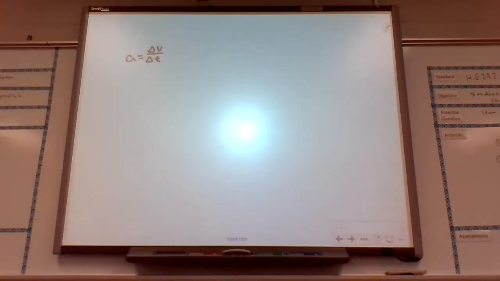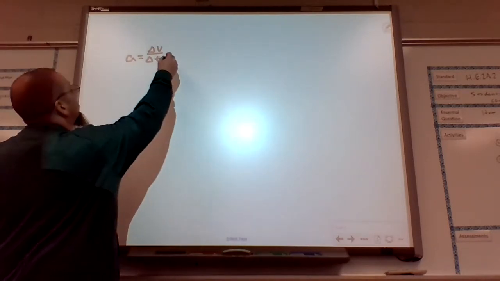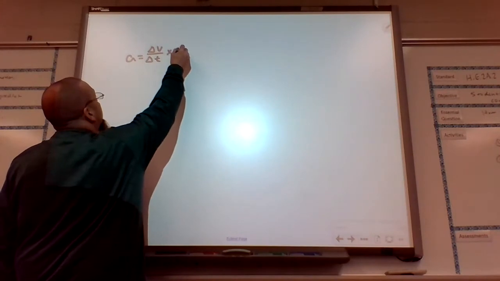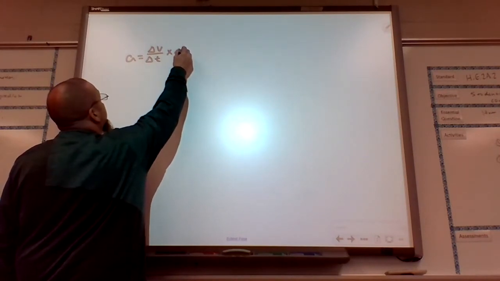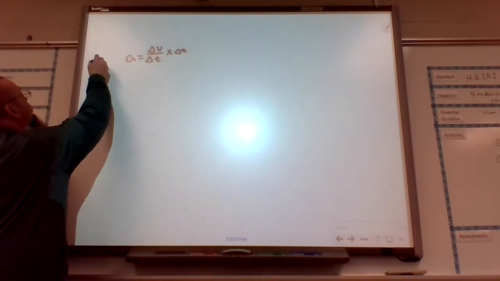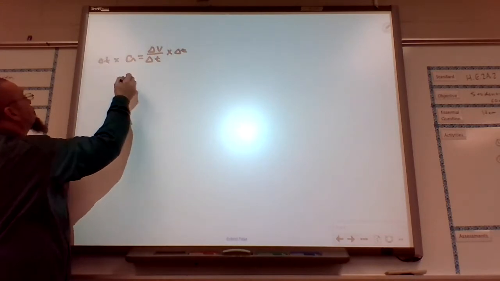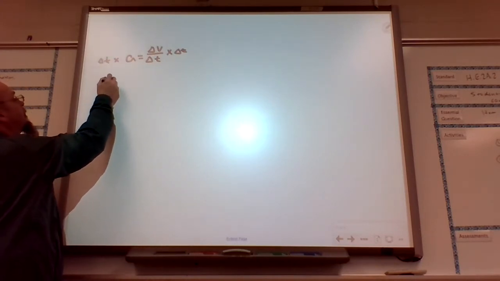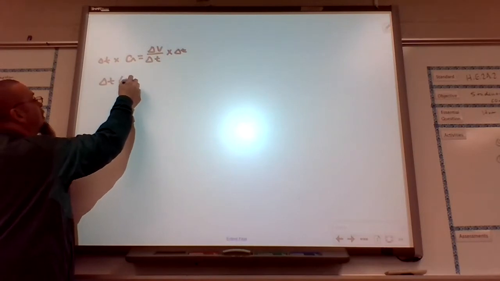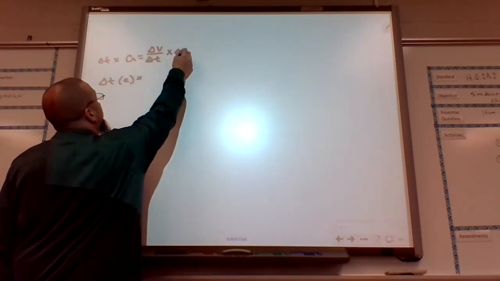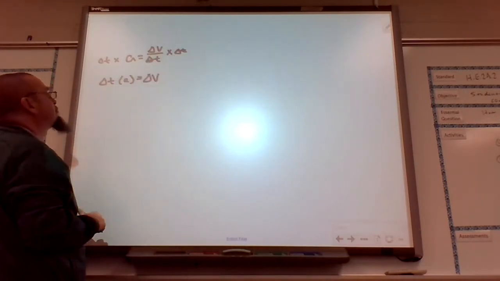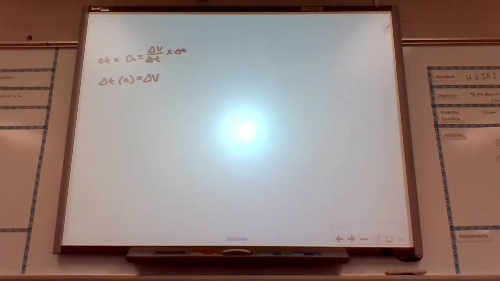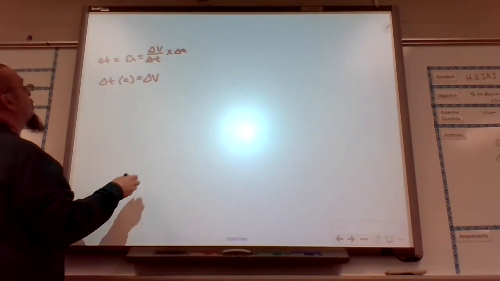And what we're going to do is rearrange this equation to solve for delta T. So to do that, we multiply both sides by delta T to get it out of the denominator. So that gives us delta T times A equals delta V. And then divide both sides by A to isolate our variable.